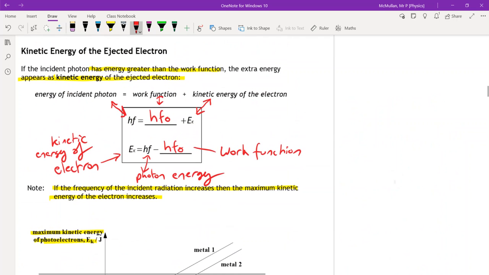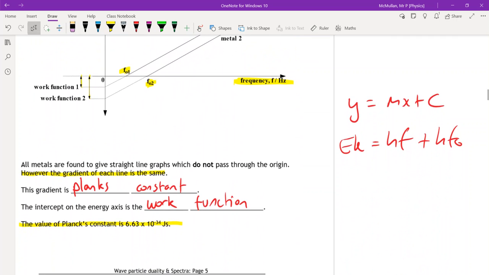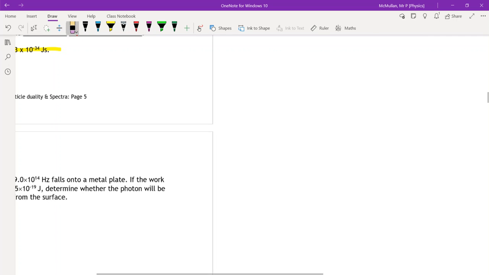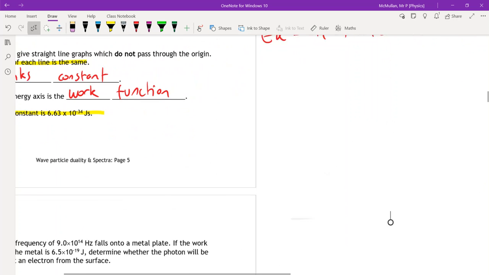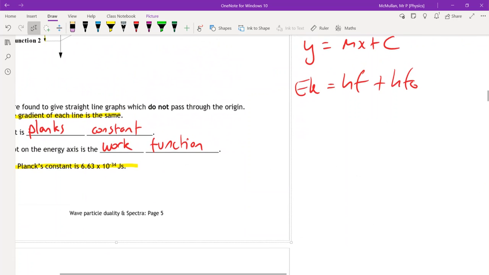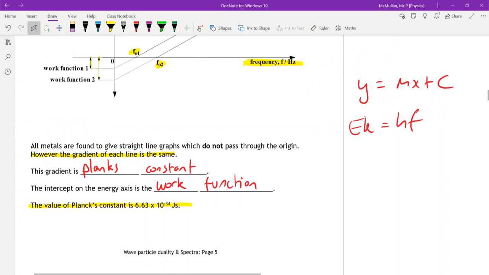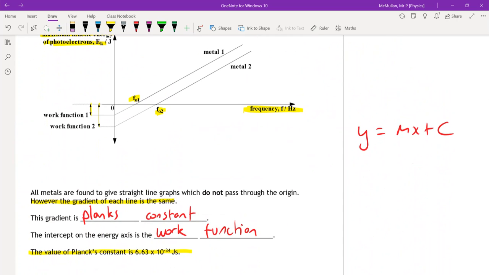Now, if we've got no questions there, we can go on to an example. If we just quickly imagine, the formula for a straight line is y equals mx plus c.